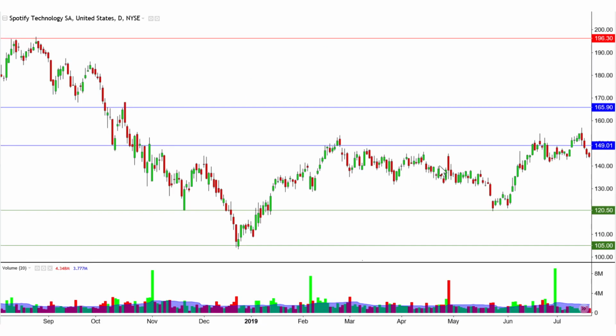Despite some sizable upswings, Spotify still has difficulty clearing above the 149 level, but at the same time we can also identify a lower support range from roughly the 120 to the 105 level.